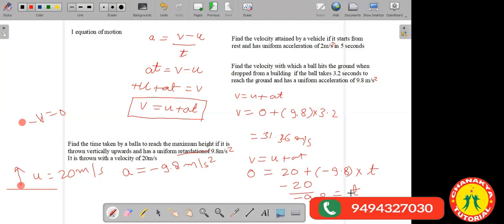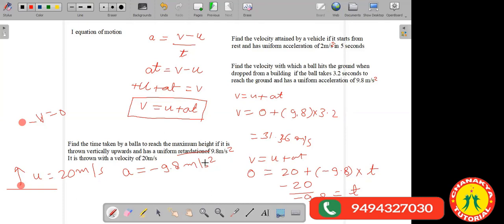Sir, we will get 2.04. So if you divide, we get 2.04. It's 20 divided by 9.8. It's 2.04 second. Now we extend this concept further.